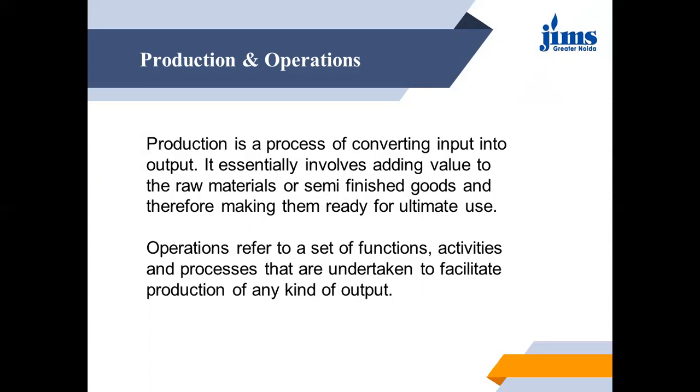Therefore, we have a process called production or manufacturing that converts this raw form of commodity into output, which has some value added to it and therefore is fit for consumption. As I mentioned, production essentially involves adding value to raw materials or semi-finished goods, therefore making them ready for ultimate use.